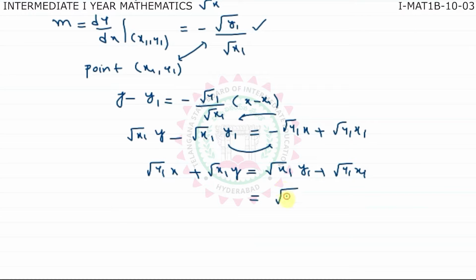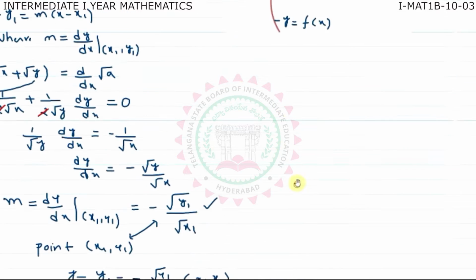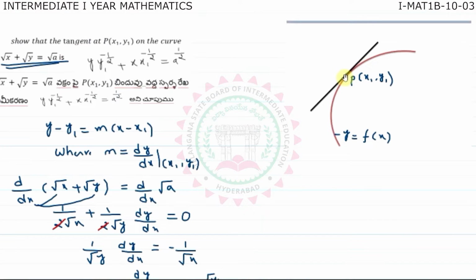Here, take root x1 y1 common. If I take root y1 common, again I will get root y1 plus, and here also if I take root x1 common from that one, I will get root x1 here. So root x1 root y1 times. Since the point lies on the tangent as well as on the curve, substitute the given point in the curve.